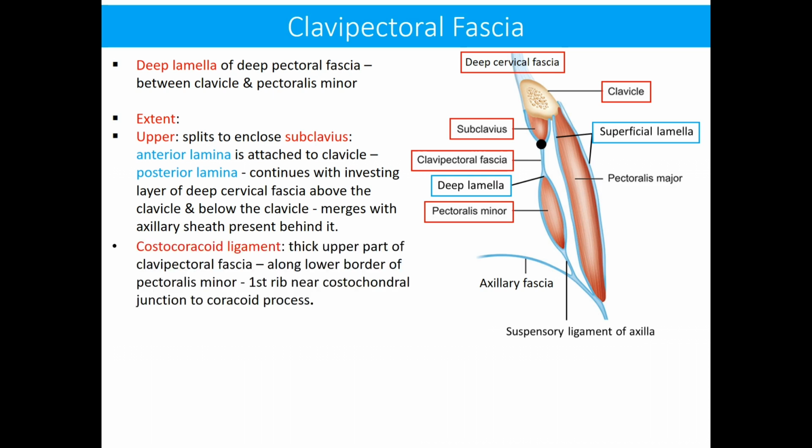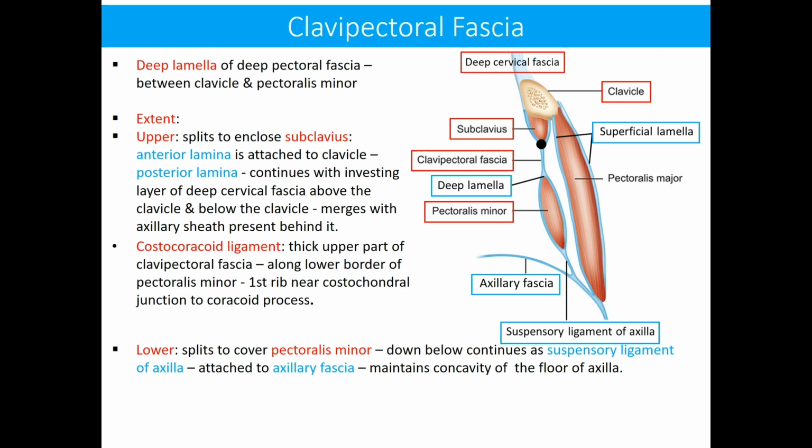Along the upper border, below the subclavius, the thick upper part of the clavipectoral fascia which lies along the lower border of the pectoralis minor and extends from first rib near costochondral junction to coracoid process is named as costocoracoid ligament.